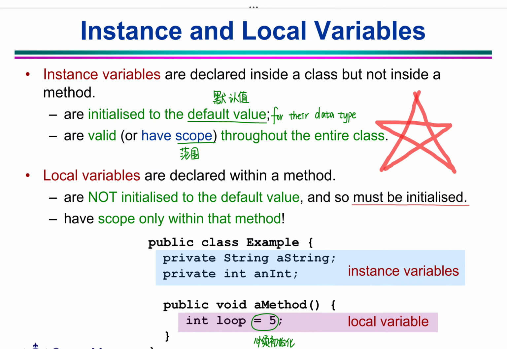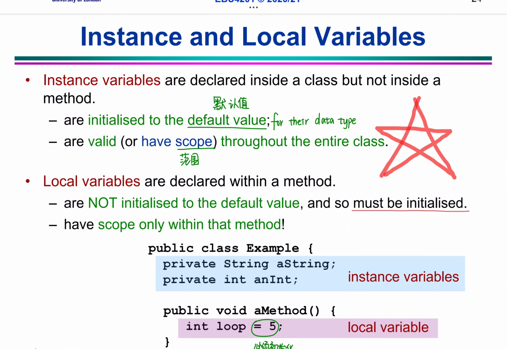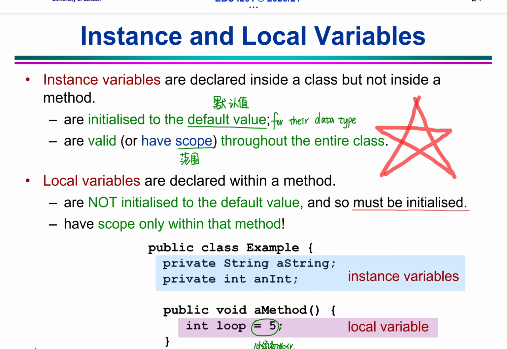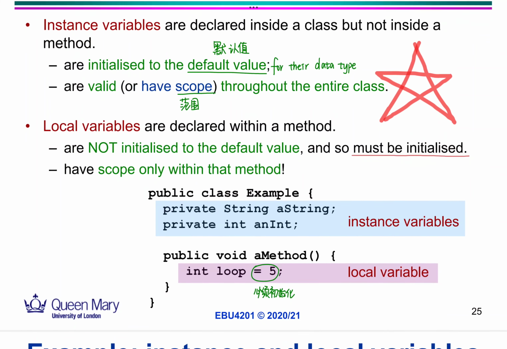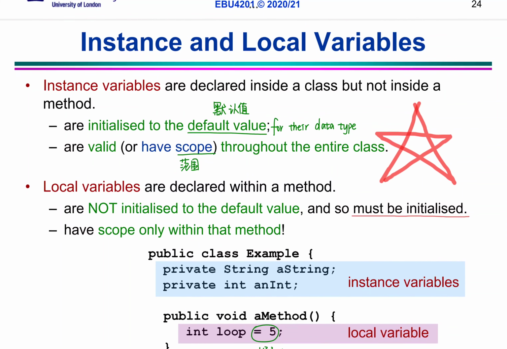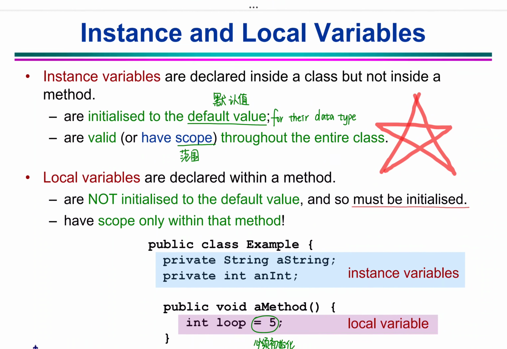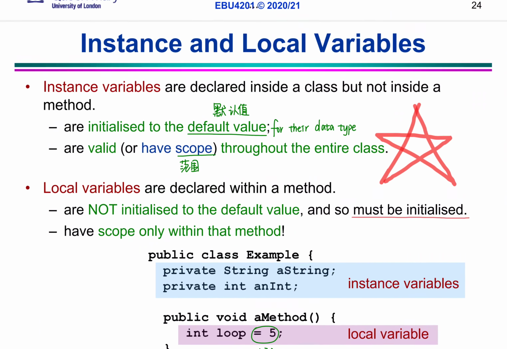Local variable means that it isn't initialized to a default value, so we must initialize it. It has scope only within the method. Instance variables are initialized to false, null or zero depending on their data type.